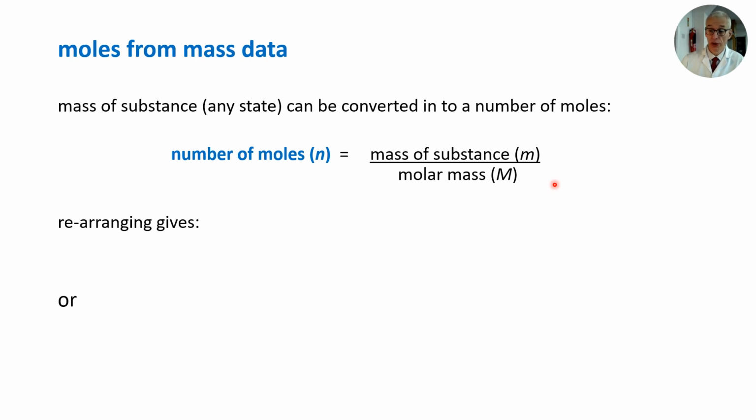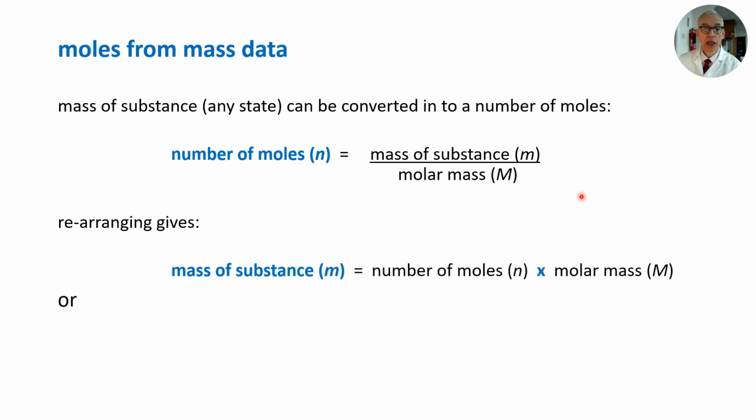Could you pause the lesson and rearrange the equation to give you 2 different subjects, the mass of substance and molar mass? Come back to check the rearrangement. Okay, so rearranging is sometimes a problem at A-level. So for here, to obtain mass of substance, we've simply multiplied through by molar mass.